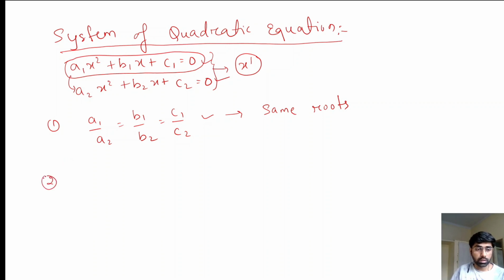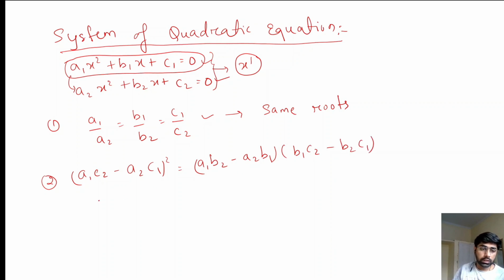The second condition is: (a1 c2 minus a2 c1) square equals (a1 b2 minus a2 b1) into (b1 c2 minus b2 c1).